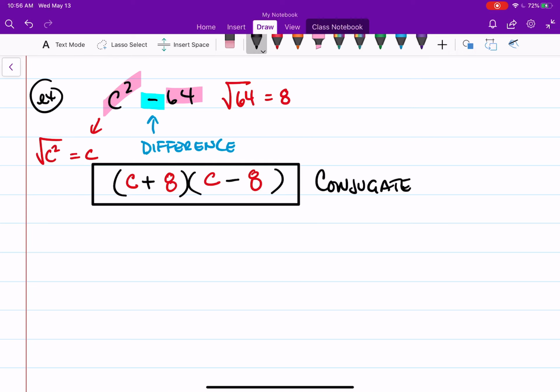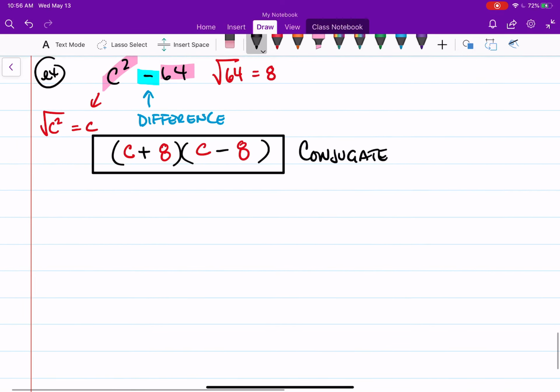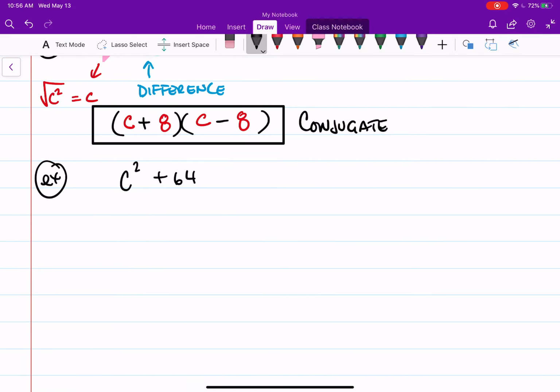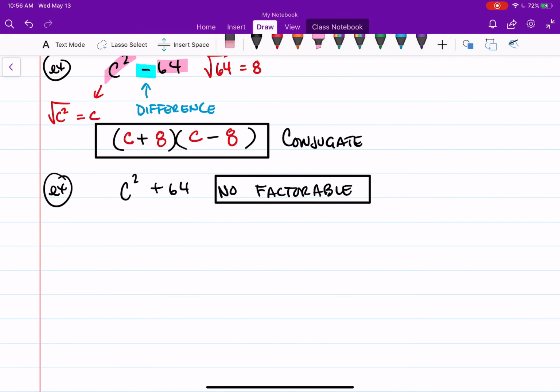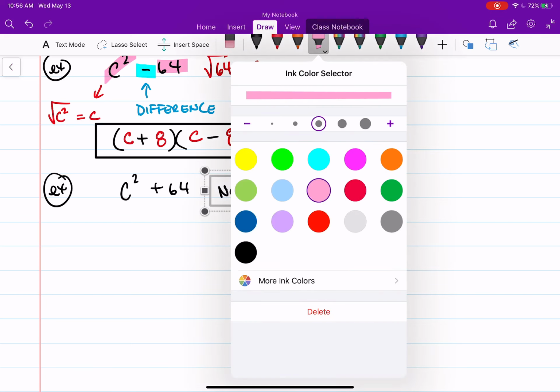Okay? So, let me do a really quick example 2, if I had c squared plus 64, is not factorable. You're like, why? Well, great question.